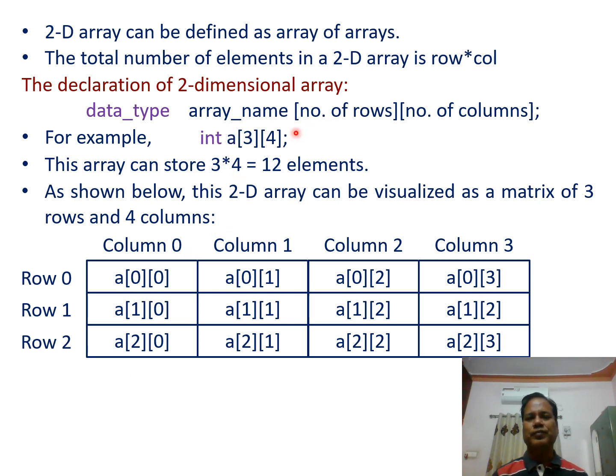So the data of array A is arranged in terms of rows and columns, and each element is uniquely referred to by a row number and column number. That is, a 2D array has 2 index numbers.